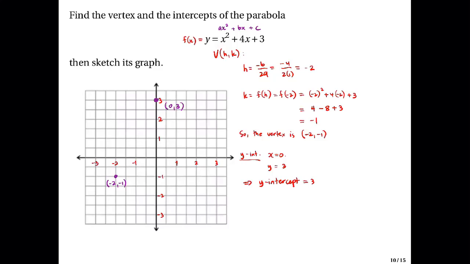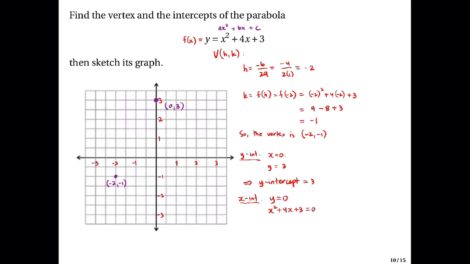And then let's find the X-intercept. For the X-intercept, we need y equals 0. So we will have x squared plus 4x plus 3 equal to 0.